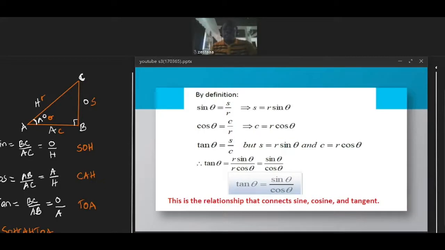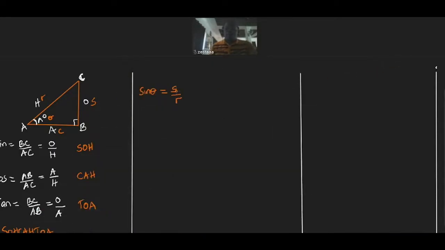Then if you would like to find just the point S, making S the subject of the formula, we put this out of 1, then cross multiply. So here S is equal to R sine theta. Do the same thing for the cos.